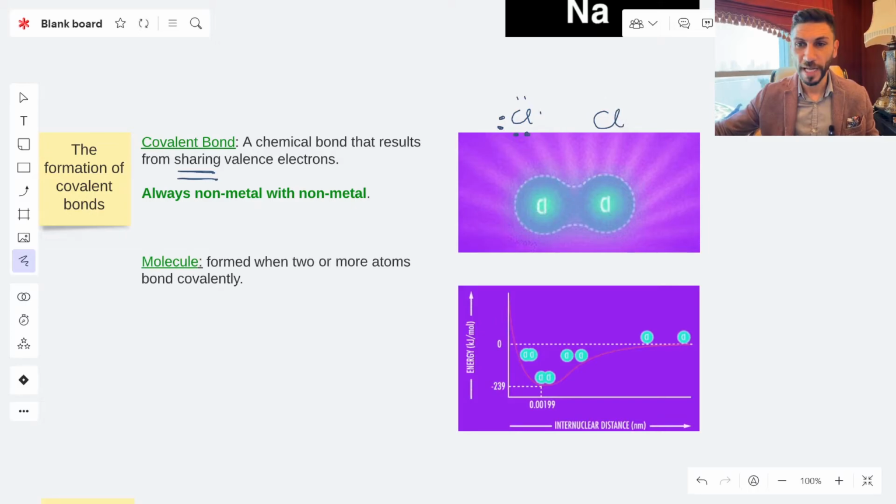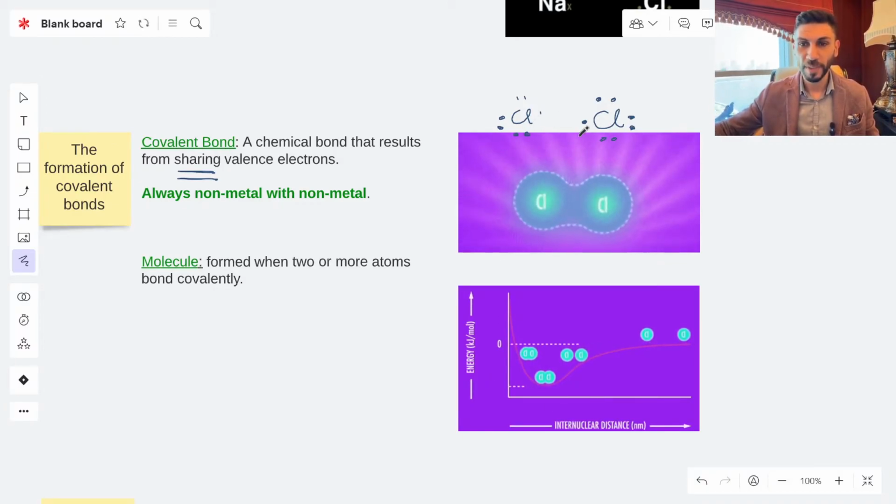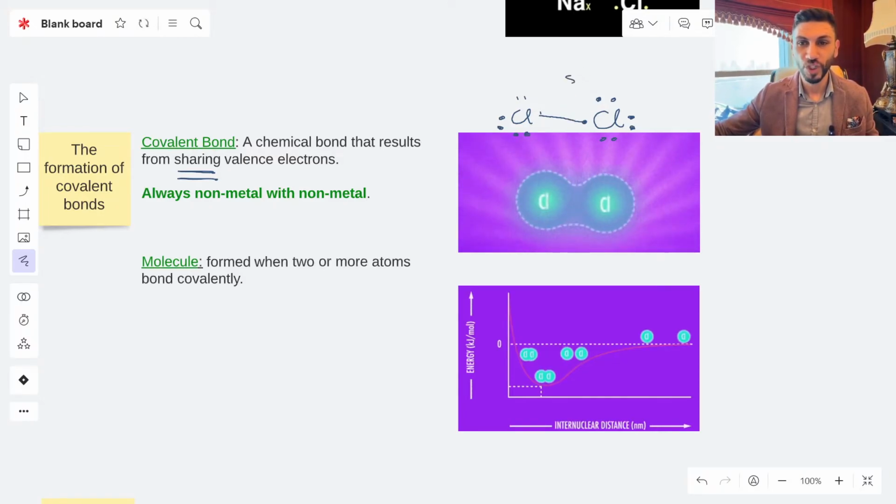Each chlorine atom needs one more electron to become stable. So what happens is they will share these electrons. So, sharing electrons.